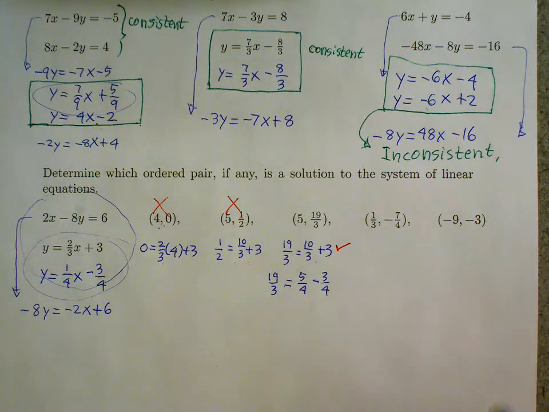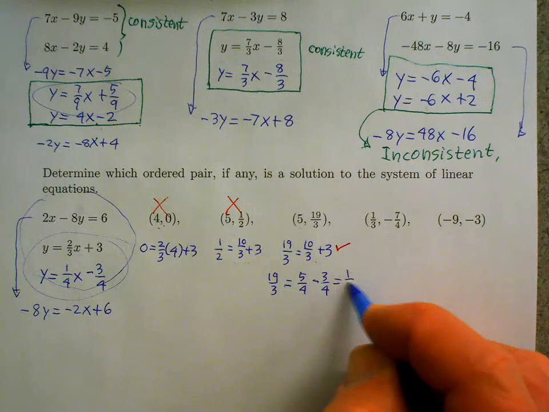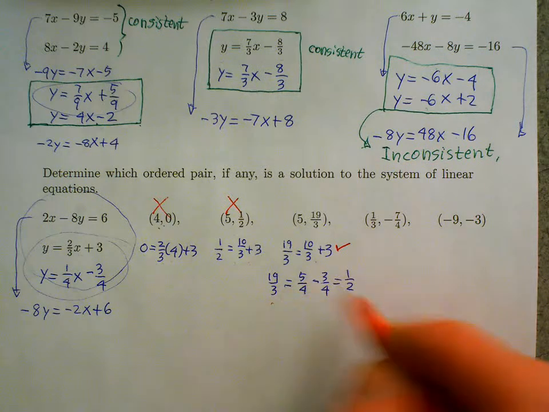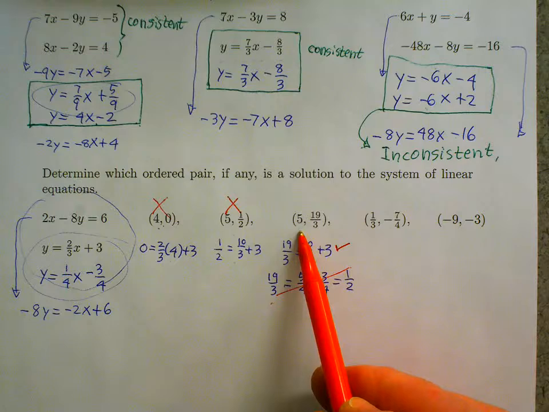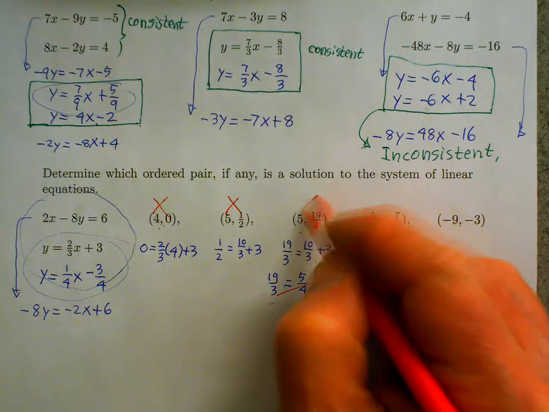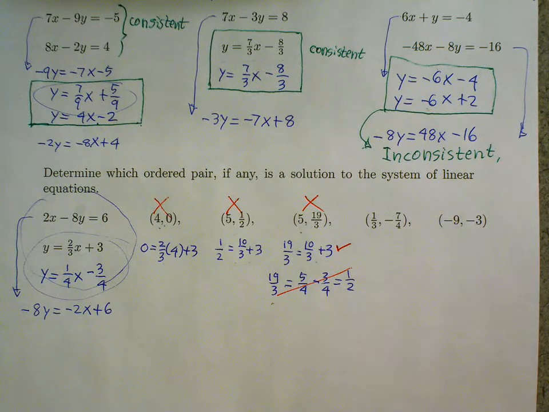And 5/4 minus 3/4 is 2/4, or 1/2. 19/3 equals 1/2 is false. So even though this point is on one of the lines, it's not on the other, so it's not a solution to the system.